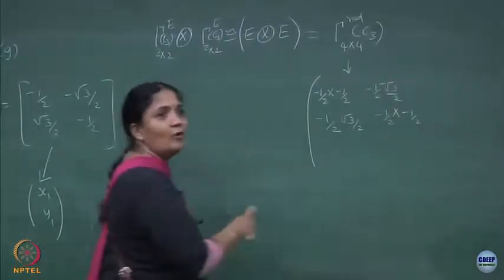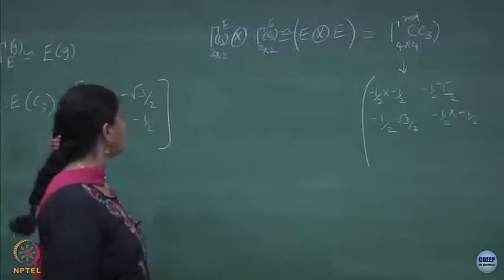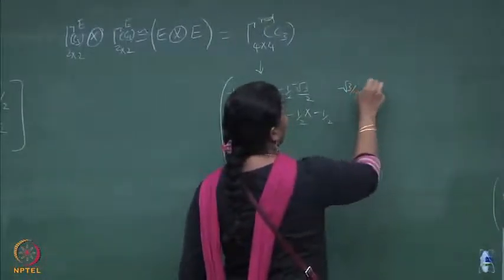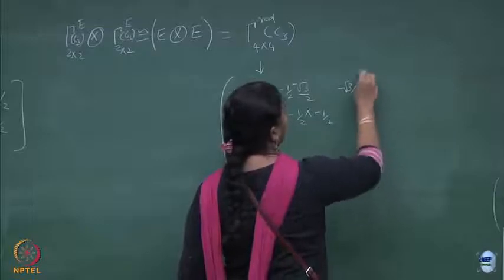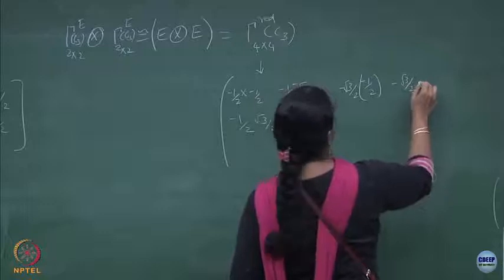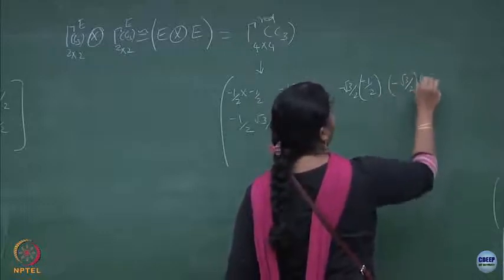That is the first block. Second block will be minus root 3 by 2 with minus half, minus root 3 by 2. You understand what I am doing, right?